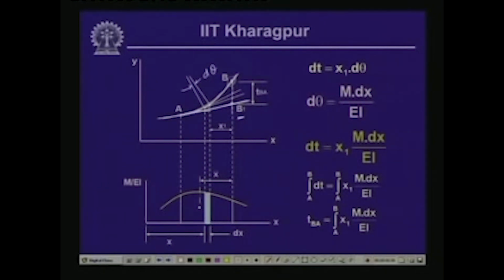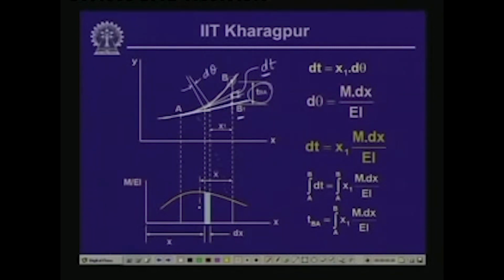So, this ds length we approximate as dx, and at the end of this ds if we draw the tangent, we assume that this cuts this vertical line, and we call this length dt. This length BB1, where this tangent from A cuts the vertical line from B, we call TBA, and this small segmental length we call dt on line BB1.